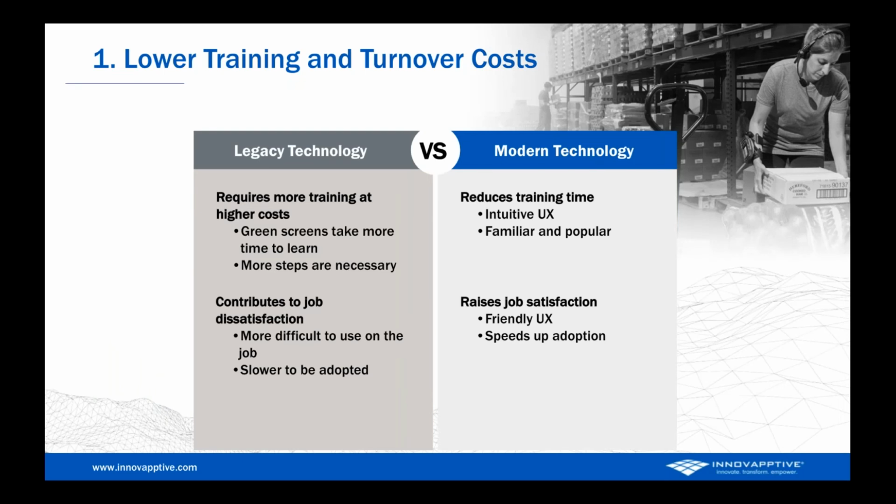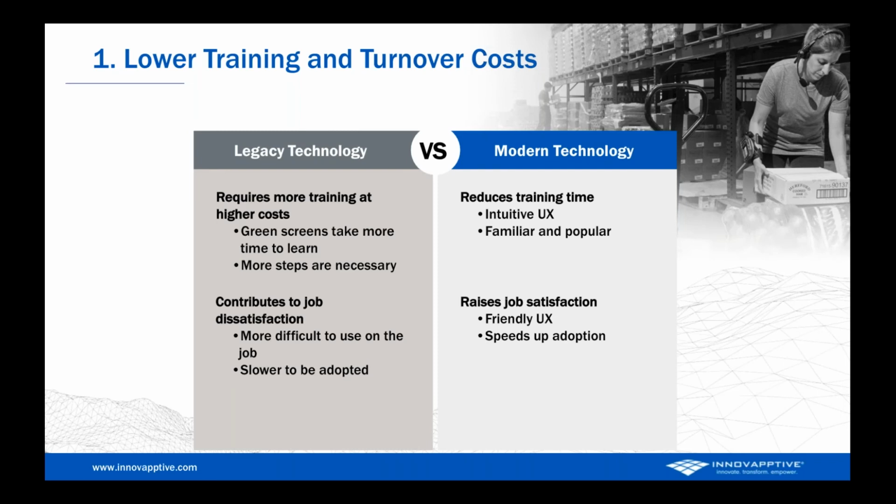If you look at the older legacy solutions that we talked about earlier, the ITS mobile, it was very much based on old-fashioned technology, green screens, very limited information, and it doesn't promote job satisfaction if people are made to use these older devices.